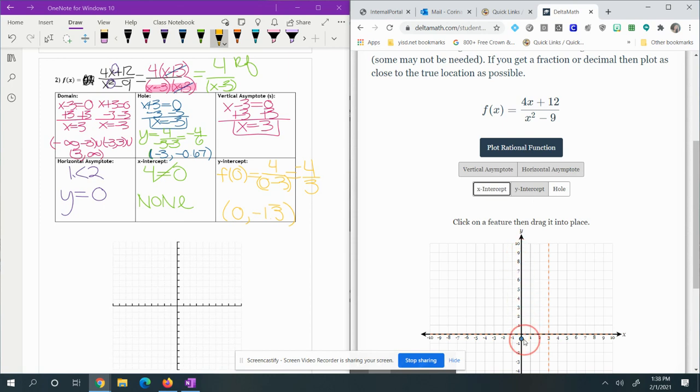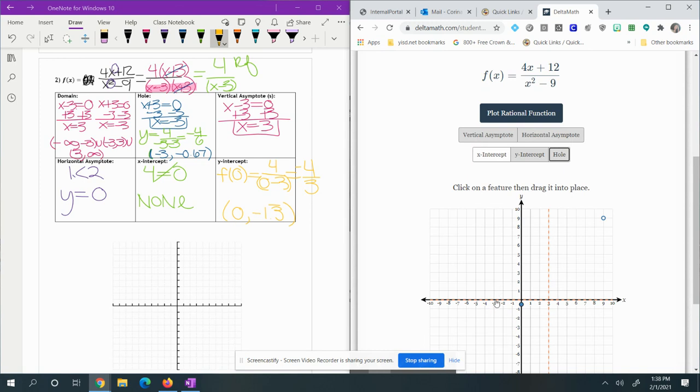My y-intercept, we said, was 0 and negative 1.3. So it's going to be somewhere down here. And my hole, I said, was going to be negative 3 and negative 0.67. So it'll be, let me drag it. It'll be somewhere right here, I believe. Wait a second. Oh, yeah.